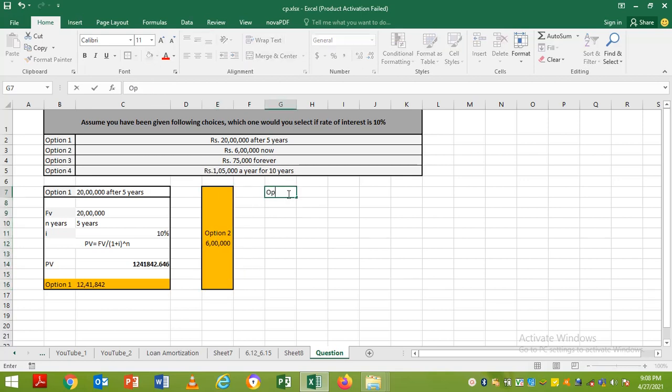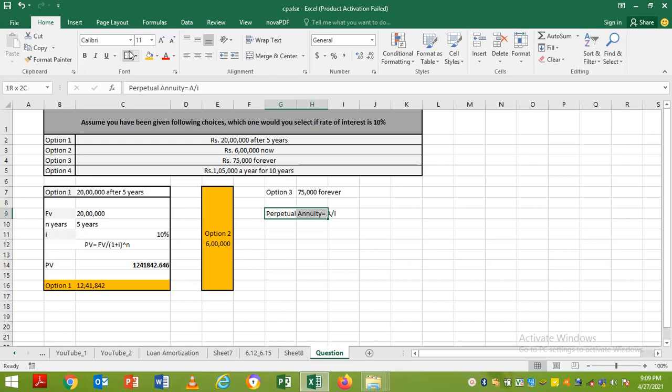Now option 3. In option 3, 75,000 is received forever, and whenever there is forever, it is considered a perpetual annuity. To find the present value of a perpetual annuity, the formula we use is annuity divided by interest percentage.